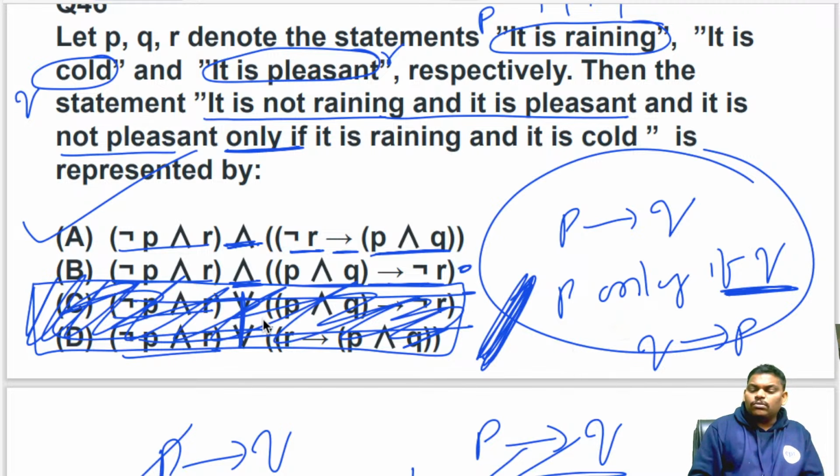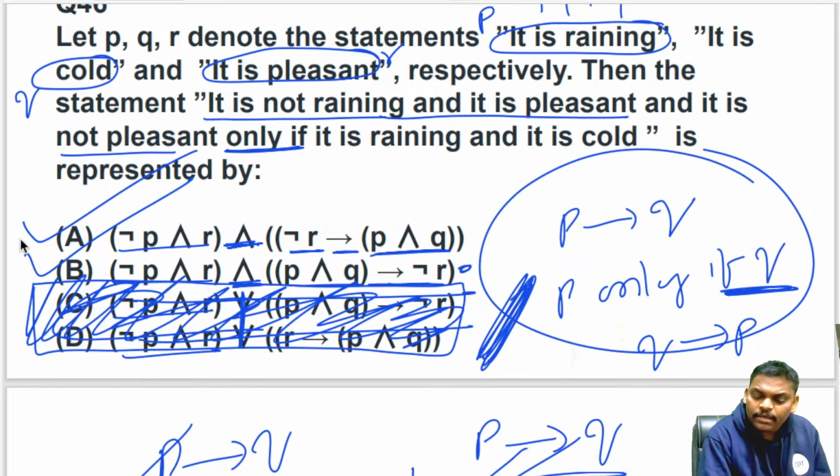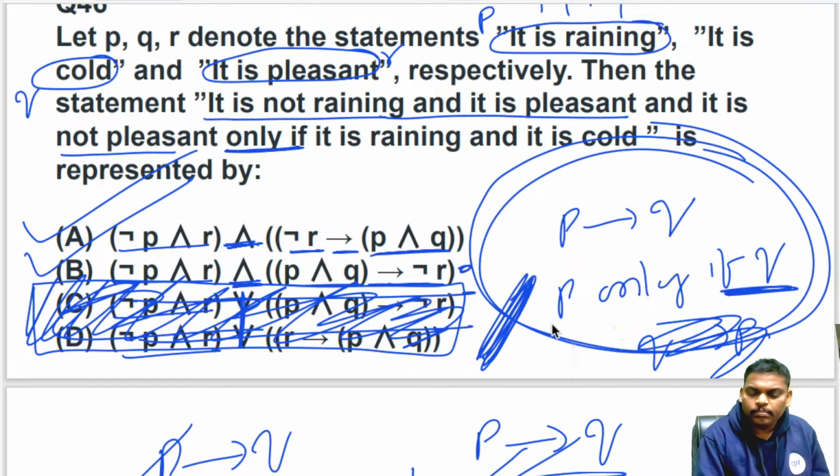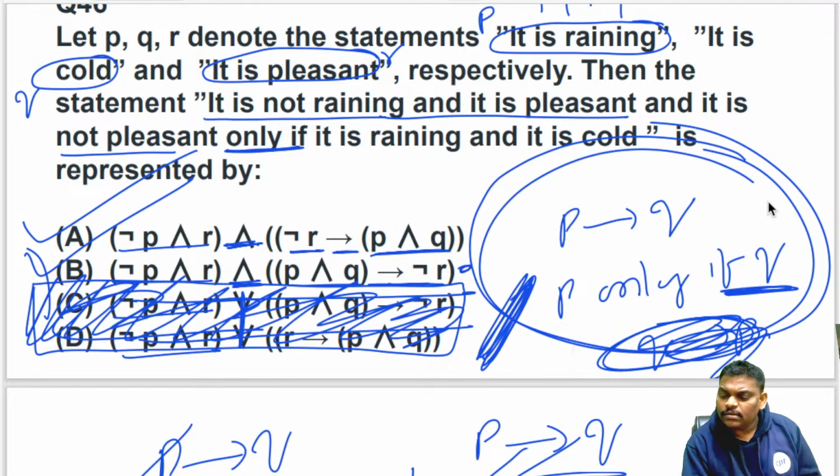The only confusion is A and B. But remember, if you know this line, P implies Q means P only if Q, because of that line, this also is gone. This problem is based on this information.